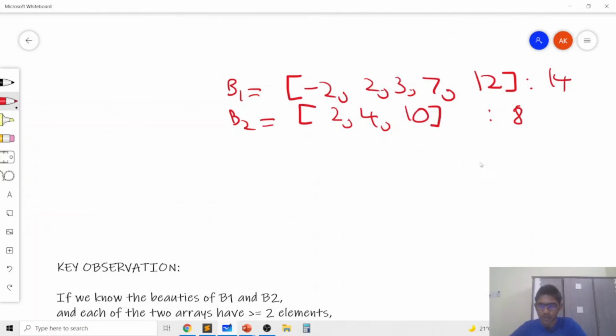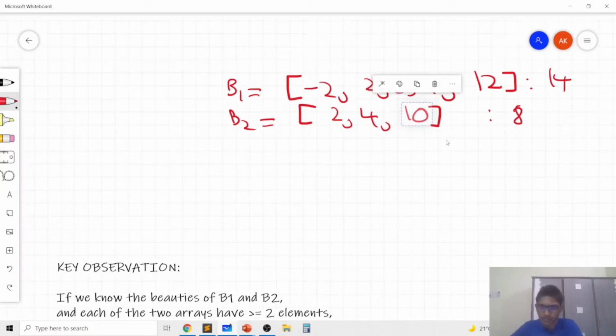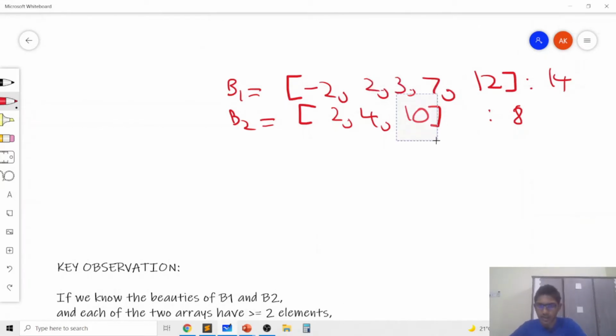So the strategy is to choose the largest number in B2 and increase it by 6. Then both B1 and B2 have the same beauties, and that's why the number of operations is 6.